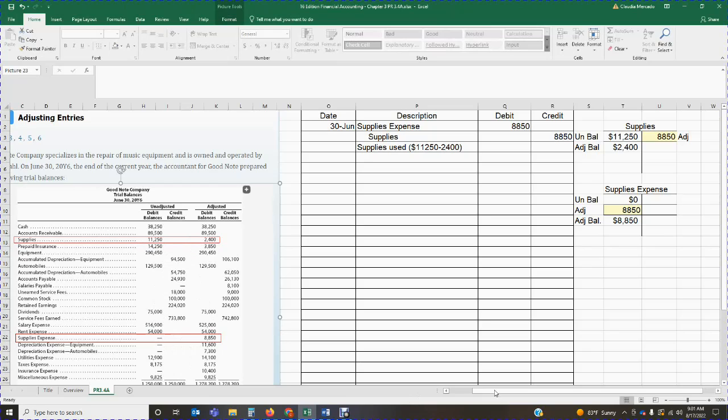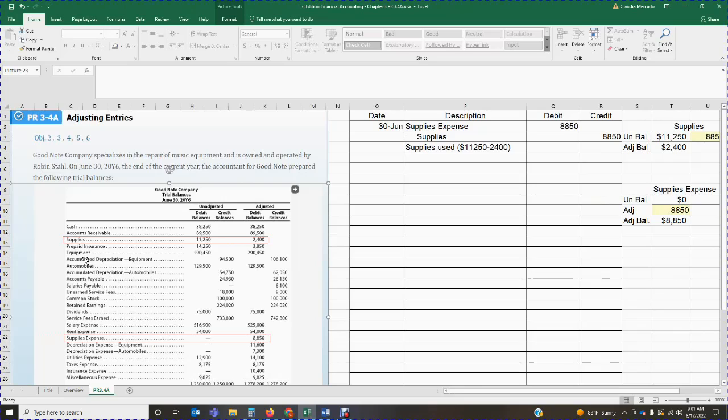Now we continue. Let's look at prepaid insurance. Prepaid insurance had $14,250 to start off with, and then we ended up with $3,850. So what does that mean? That means that I used up some of that insurance during the period.